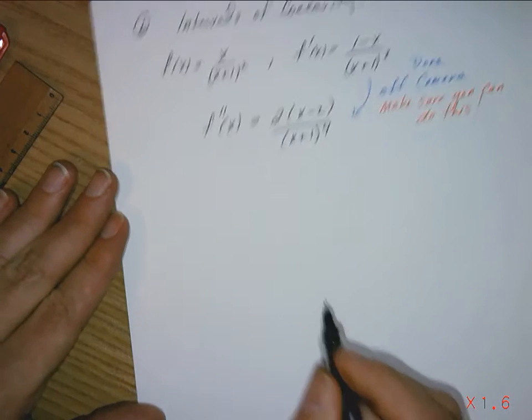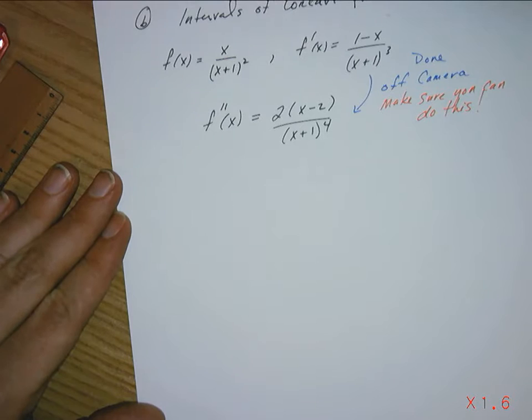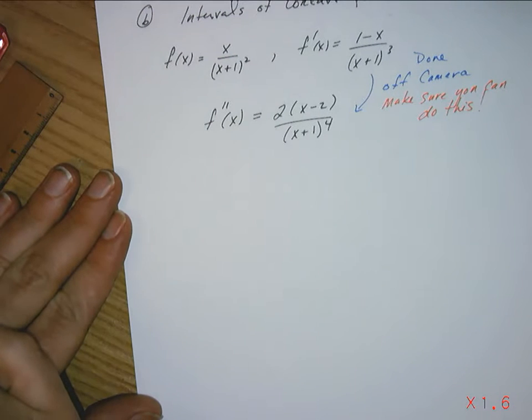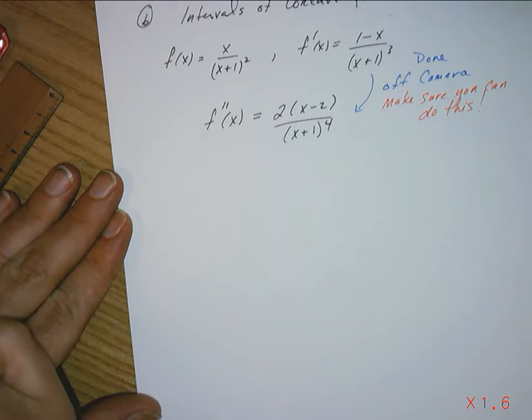Okay, so what we need to do is find all the critical values. We need to find all the places where the curve can change concavity.